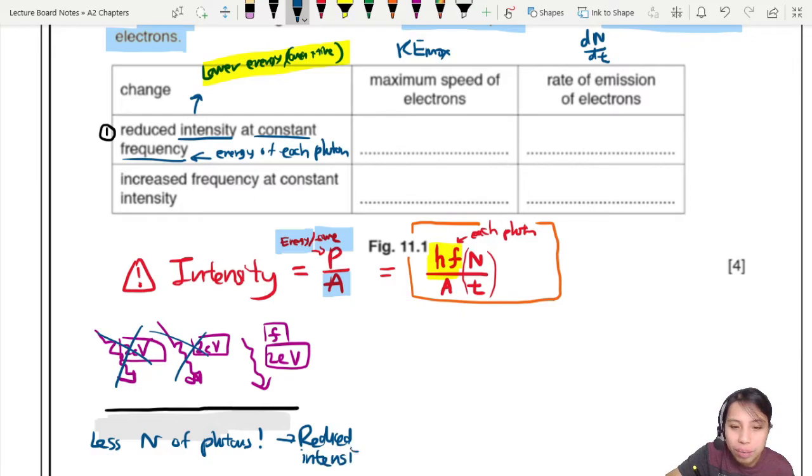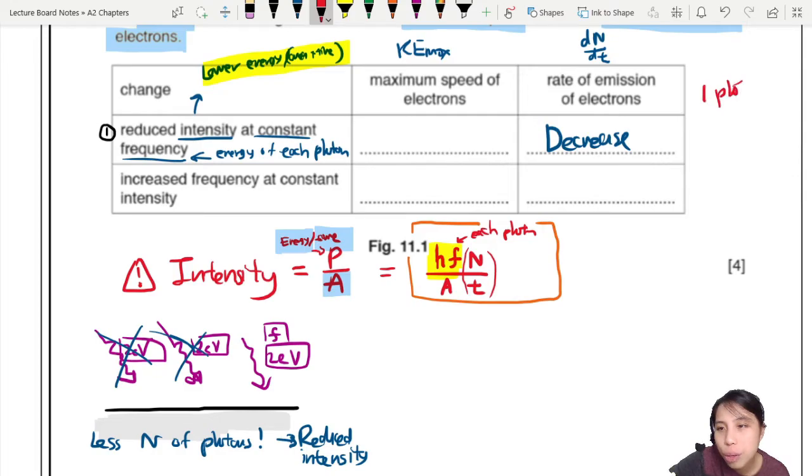Let's write that down. Total energy decreases, but each photon has the same amount of energy, so there have to be fewer of them. Instead of 3, only 1. So for reduced intensity, the very first thing is that the rate of emission of electrons is less, decrease. Why? Because 1 photon can only give energy to 1 electron.